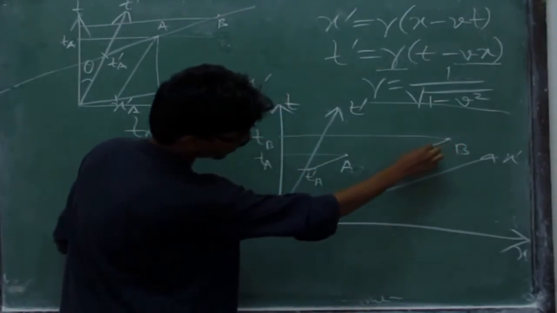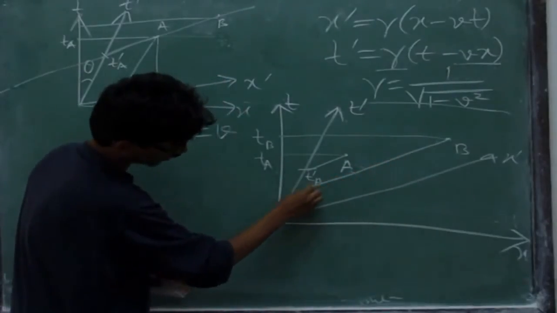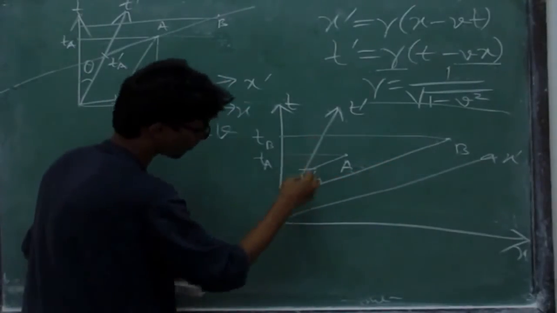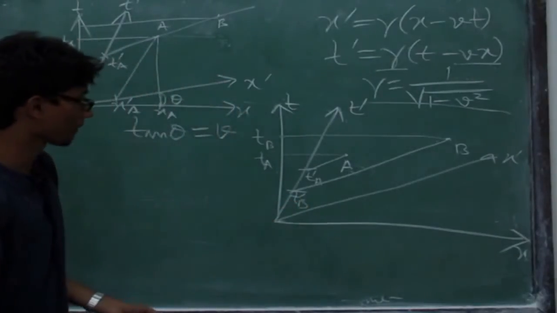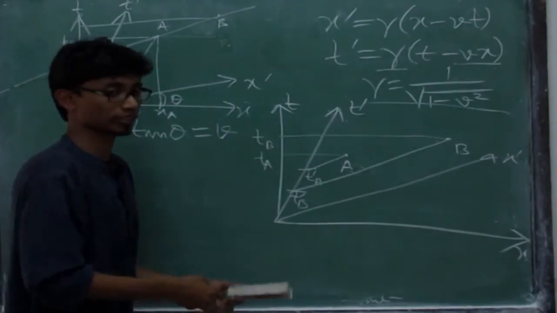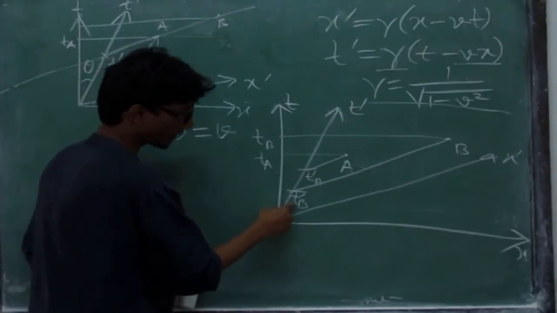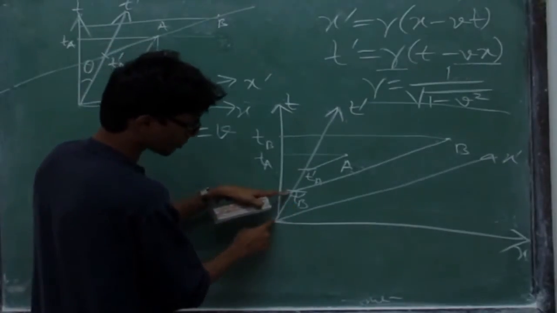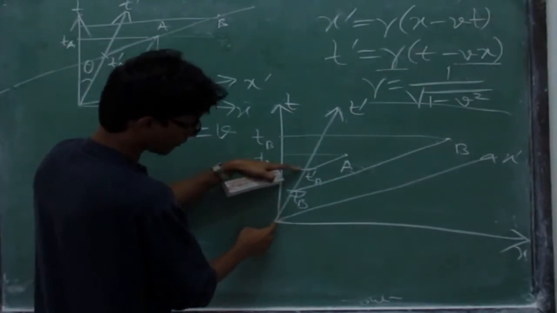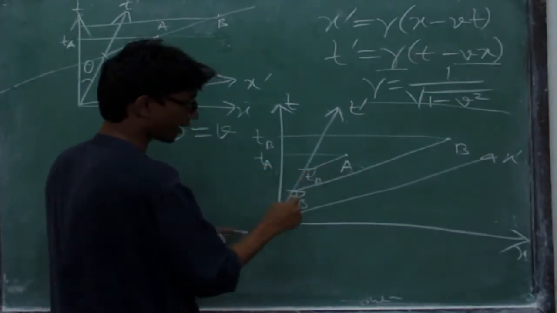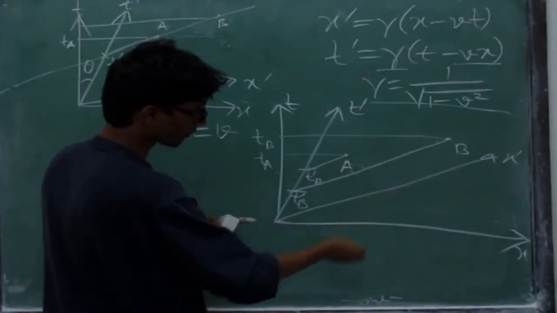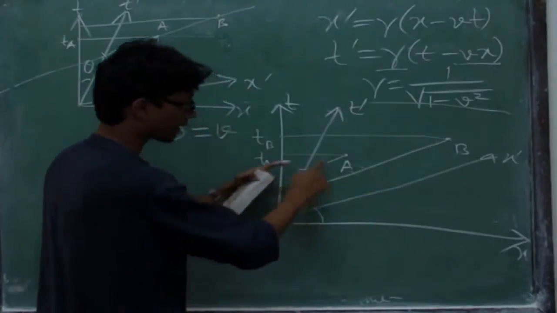And I'll draw a line parallel to the x prime axis from B, cutting the t prime axis here, and I'll call this tb prime. Do you realize what just happened? I've got a lesser value for tb prime and a bigger value for ta prime, which means that B actually happens first in my moving frame, and A comes later.